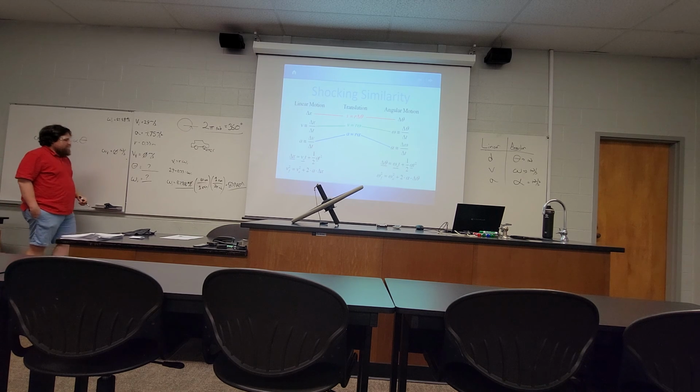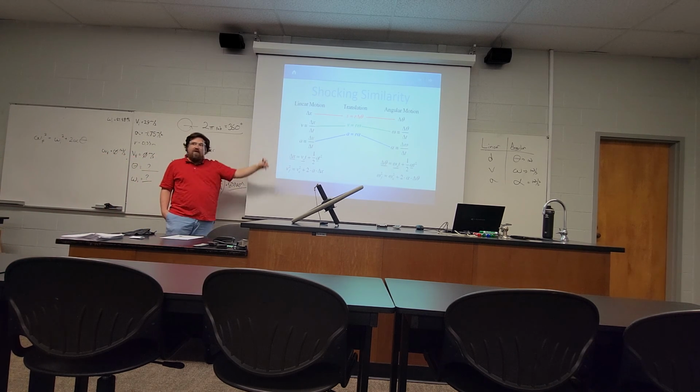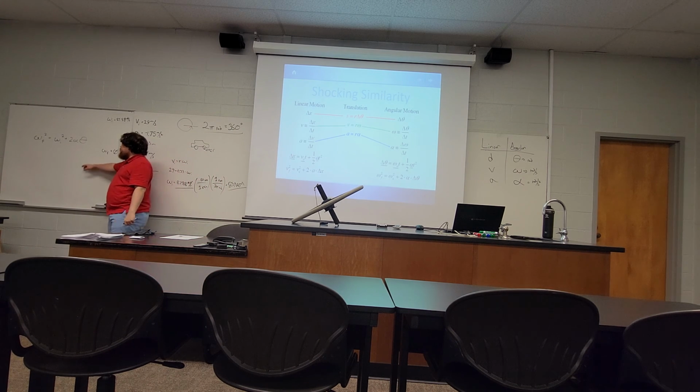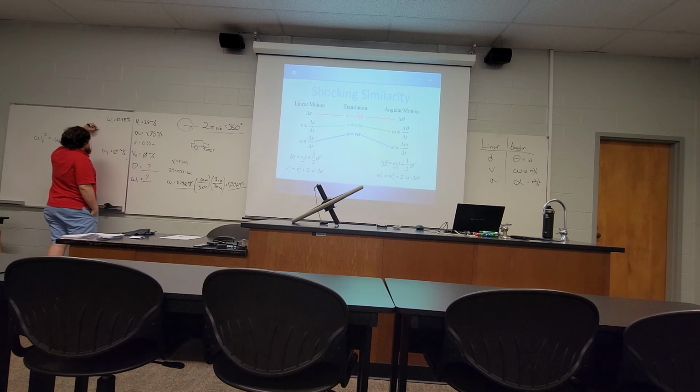If you wanted to work in the linear space, you could use linear number 4 and then convert delta x into theta. That works too. All we need to do here, though, is convert a into alpha. And that conversion factor looks a lot like the velocity one.